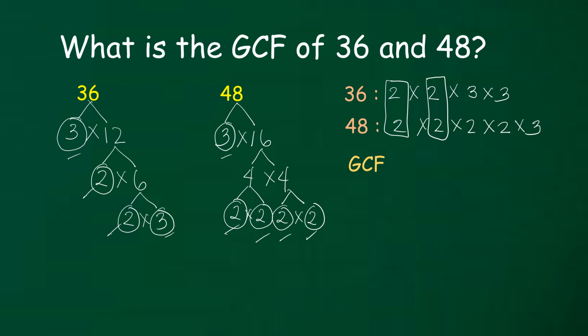So we have 2 here, and we have 3 here. Then, let's multiply the common factors. This, you have 2, this is 2, and another pair of 2, then another pair of 3. So, we multiply 2 times 2 is 4, times 3 is 12. So, our GCF is 12.